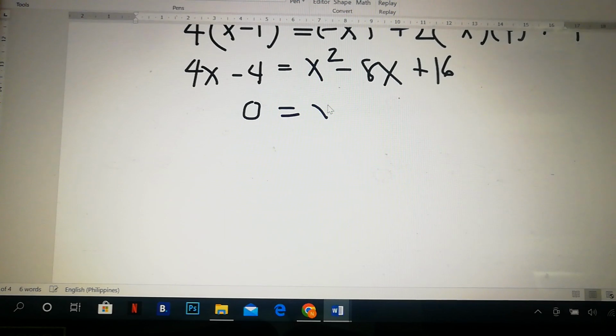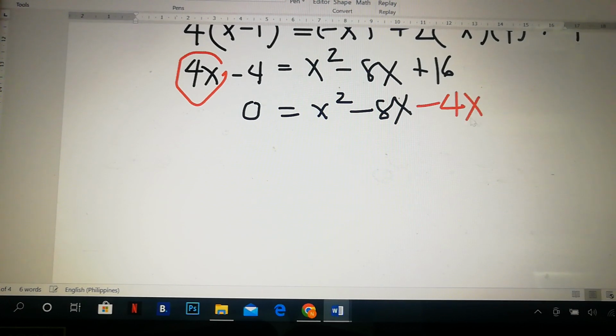So x squared minus 8x, transpose this 4x to the other side becomes minus 4x. Then transpose also negative 4 to the other side becomes plus 4, plus 16.